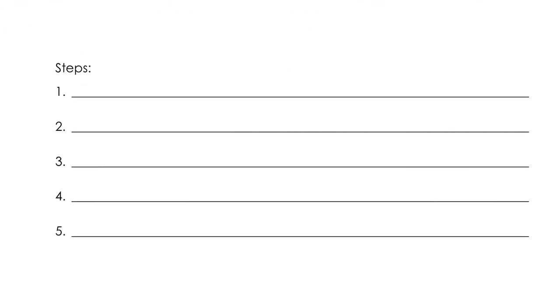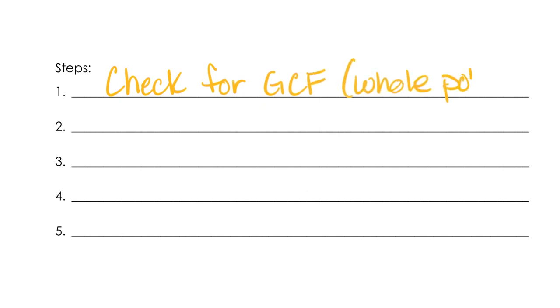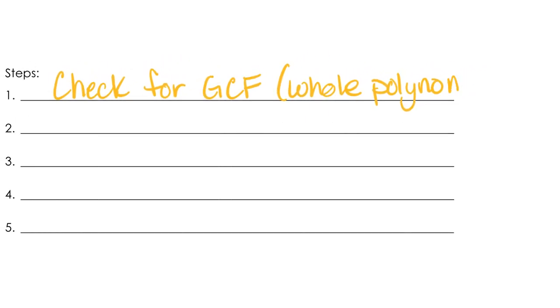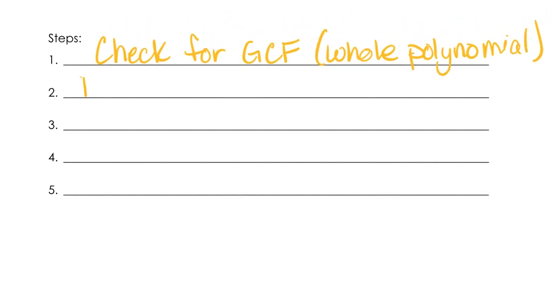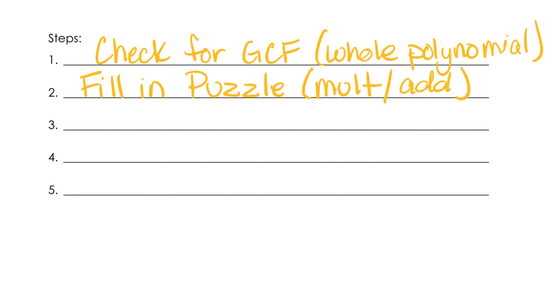So I'm going to summarize the steps. I'm not a fan of summarizing these because there's so much going on. But your first would be to check for a GCF, right, for the whole thing. Then the next step would be to fill in the puzzle with your product and your sum.